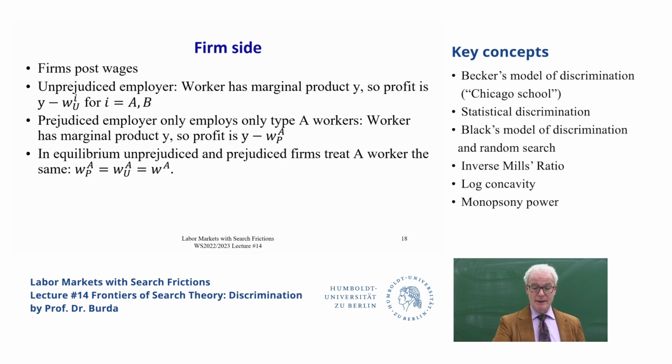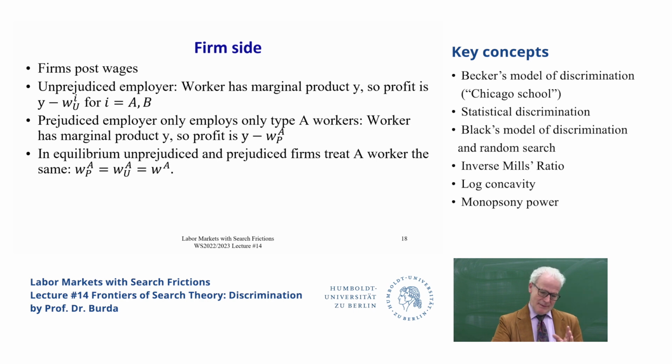Okay, so now this is where it gets interesting. Why? I mean, he just said it. Is it fair? No. Okay, but in a market where the A workers have any sort of ability to direct their search, then you'd expect these wages to be the same.